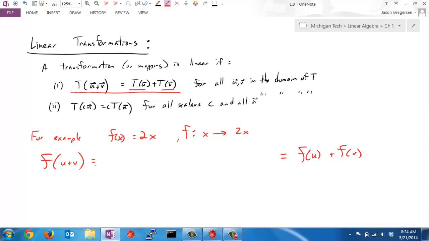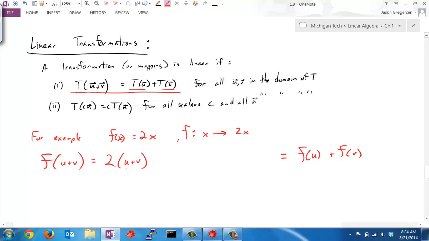What's f of 1? 2. What's f of 3? If I plug in f of 3, what do I get? 6. What's f of y? 2y. What's f of u plus v? 2 times u plus v. I'm just taking that input and applying it in my function.